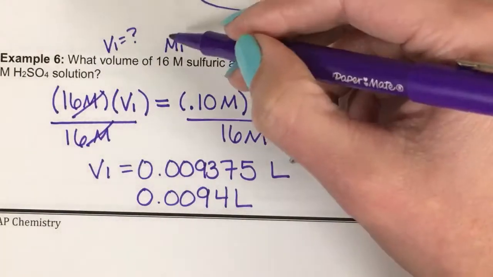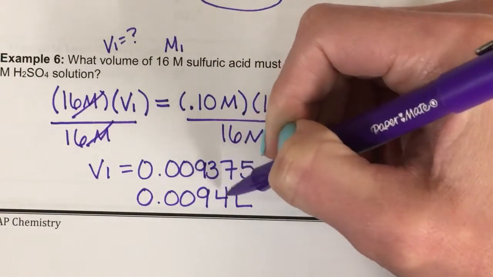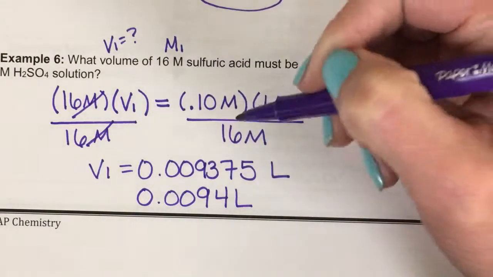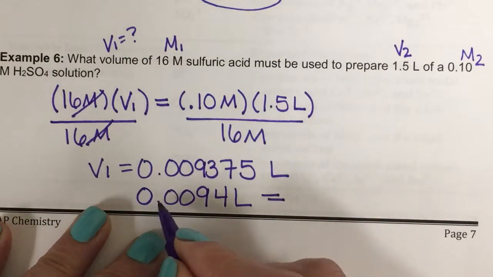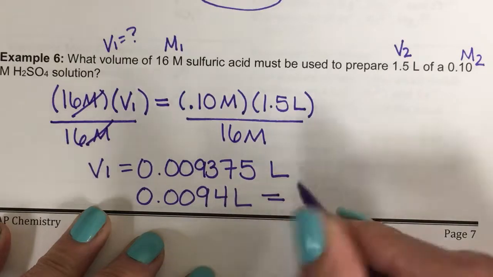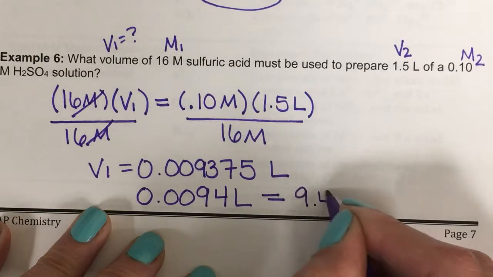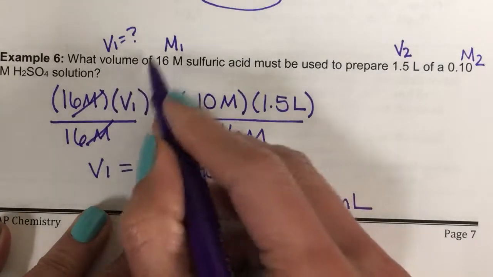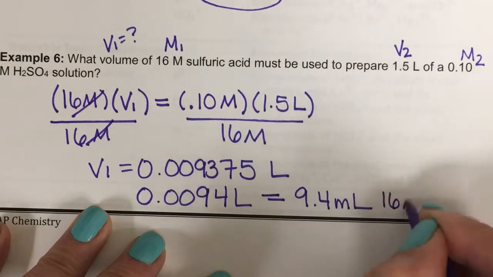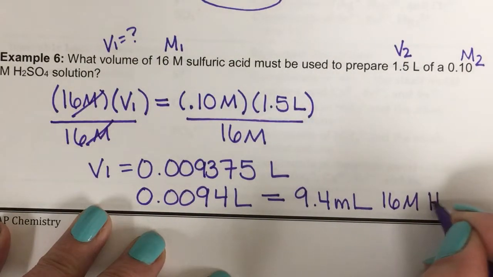I would measure out 0.0094 liters. That's kind of obnoxious, so what I would actually do is I would measure out 9.4 milliliters of my 16 molar sulfuric acid.